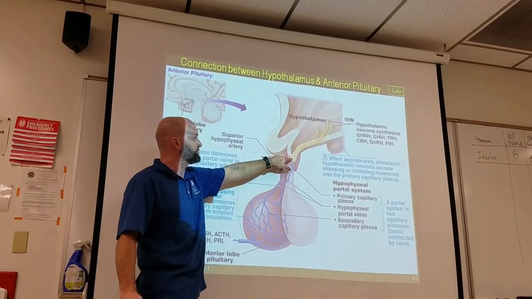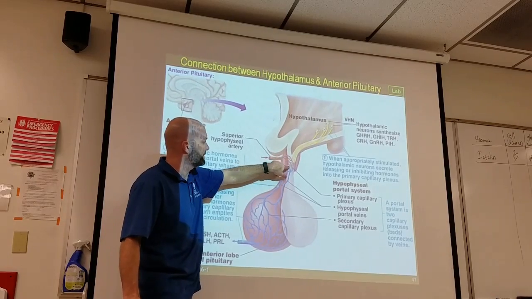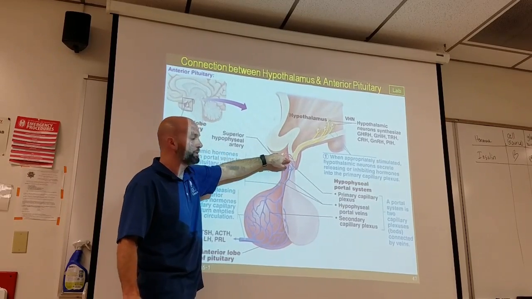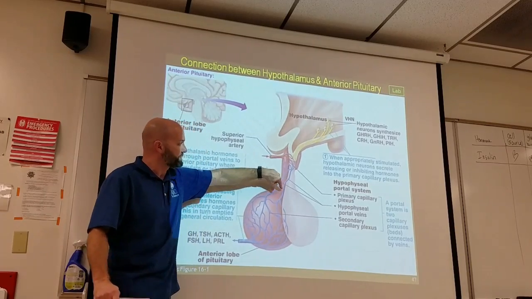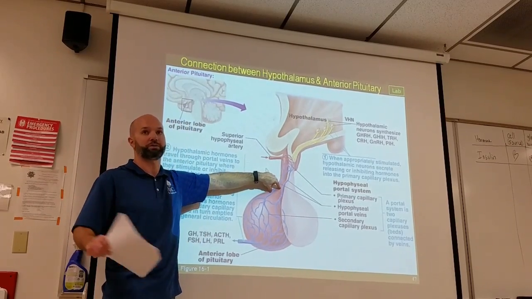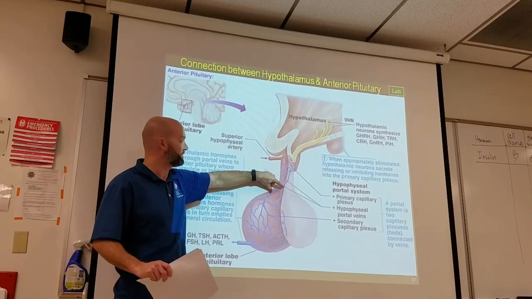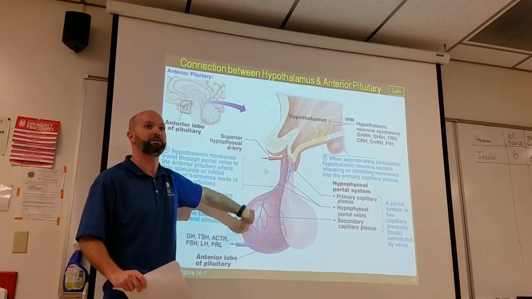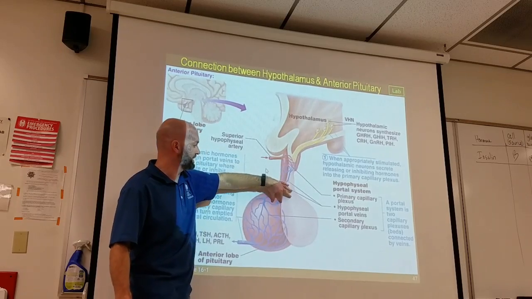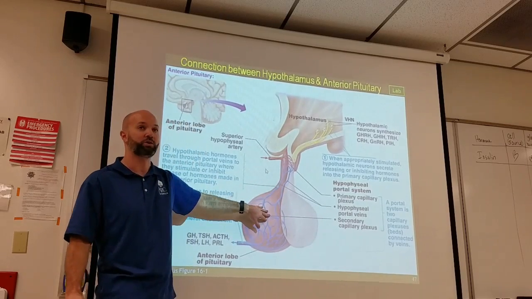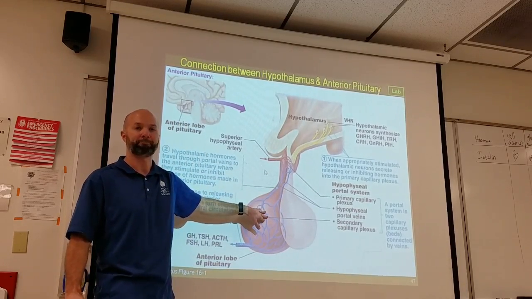So what we have to do is put them into a capillary bed. Capillaries empty into veins. But what's weird here, typically veins go to the heart. Well, these veins don't. They go into another capillary bed. When blood goes from a capillary bed through veins into another capillary bed, it's called a portal system.